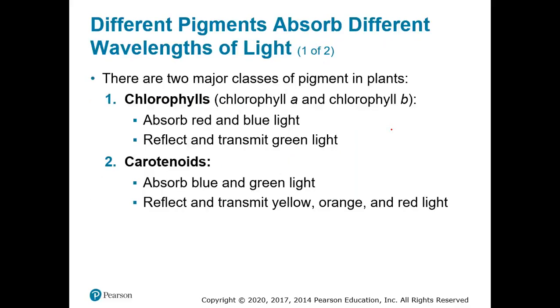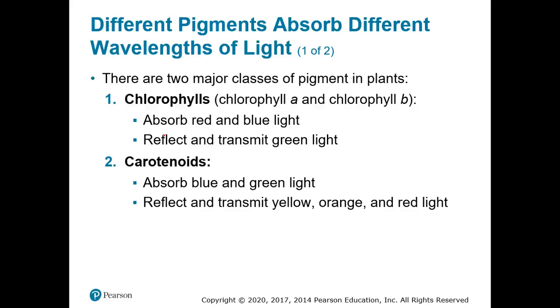So let's talk about our major classes of pigments. We already mentioned chlorophylls, right? Chlorophyll A and chlorophyll B. Both chlorophylls do slightly different jobs, but we'll talk about that. These pigments typically absorb red and blue light, and they are going to reflect green light, aka that's why our plants are green.